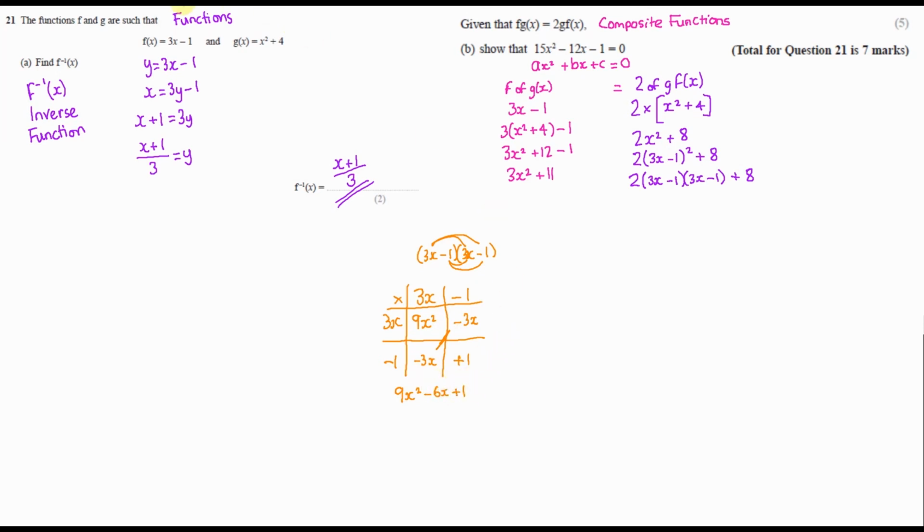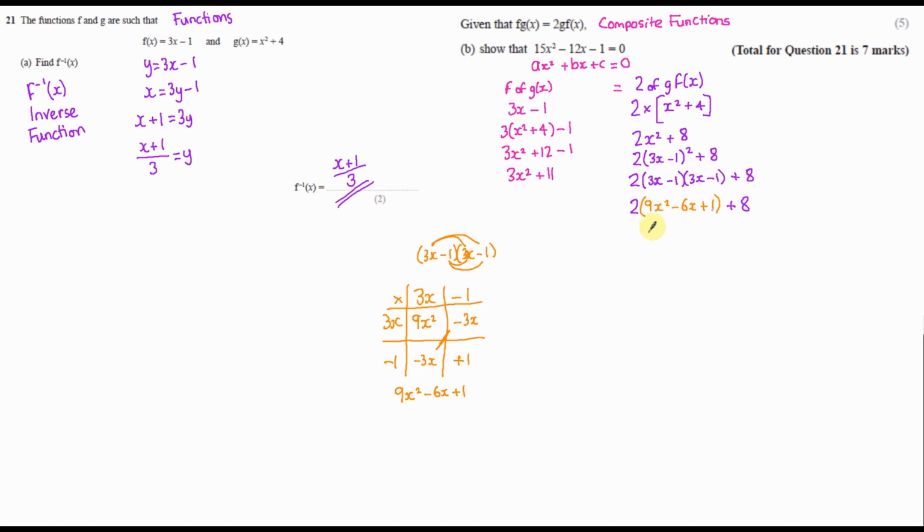Okay. So going back to this bit here, so we wanted 2, and we've expanded that bracket out, and I'll show you with the color change there. When we expand that out, we get this, we put that there, so 9x squared minus 6x plus 1, and don't forget the plus 8 at the end.